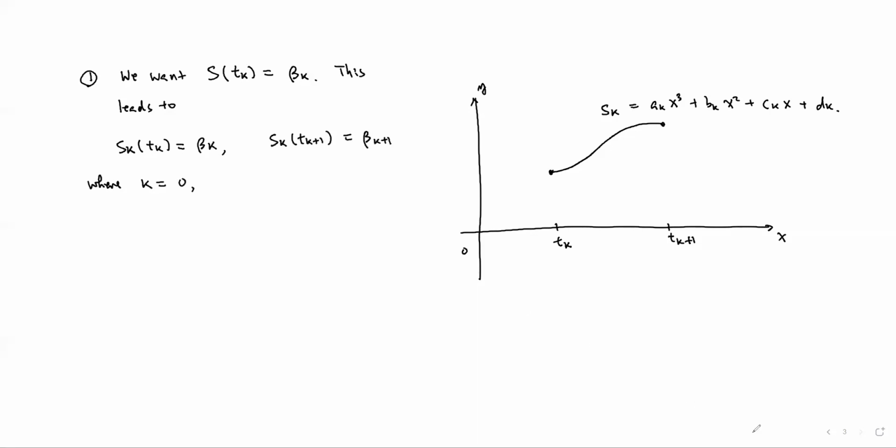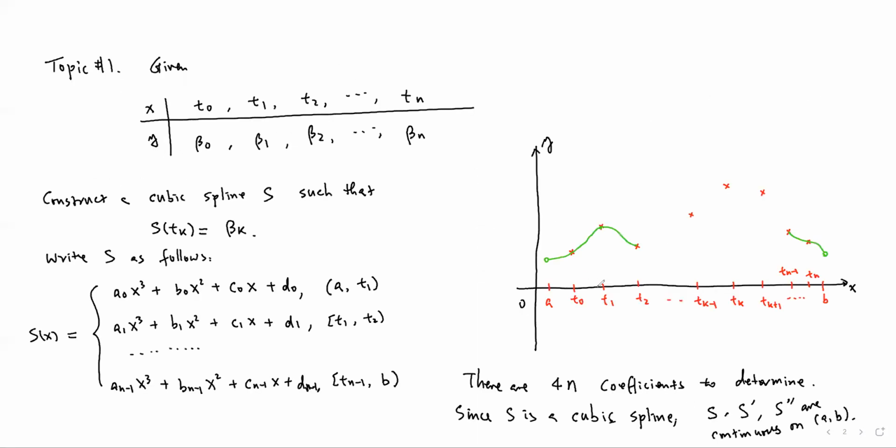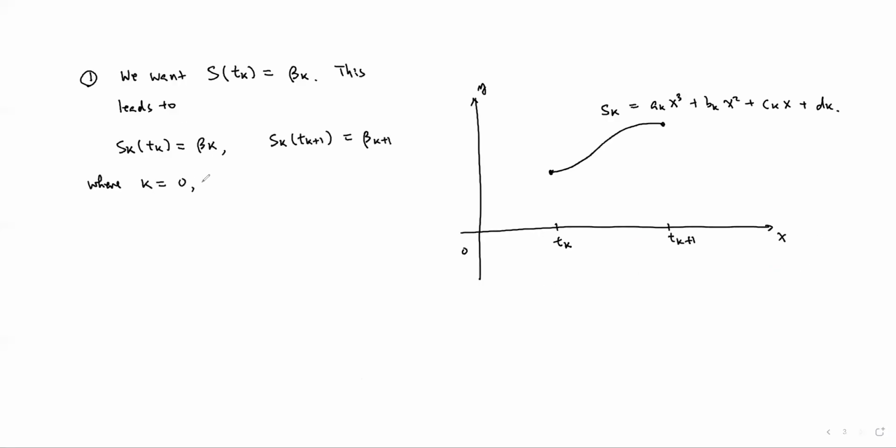When k is 0, it is this polynomial. When k is 1, from t_1 to t_2, it is this polynomial. When k is n minus 1, it is this polynomial. So k is 0, 1, 2, up to n minus 1.